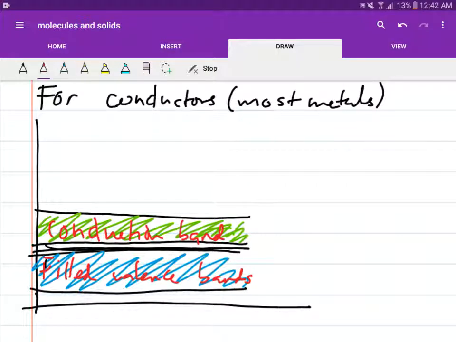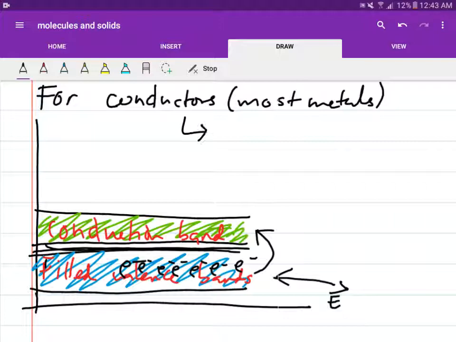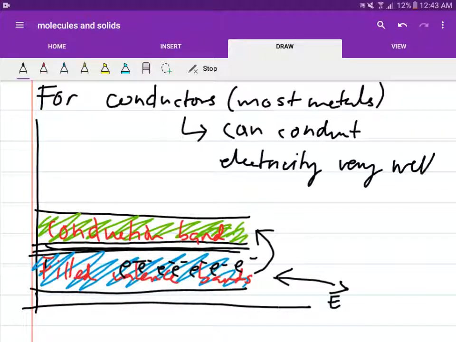In other words, if we have electrons sitting here at this energy state, and apply just a small amount of electric field or just a small amount of energy, they can easily migrate into the next energy state, which is the conduction band. That is why conductors can conduct electricity very well.